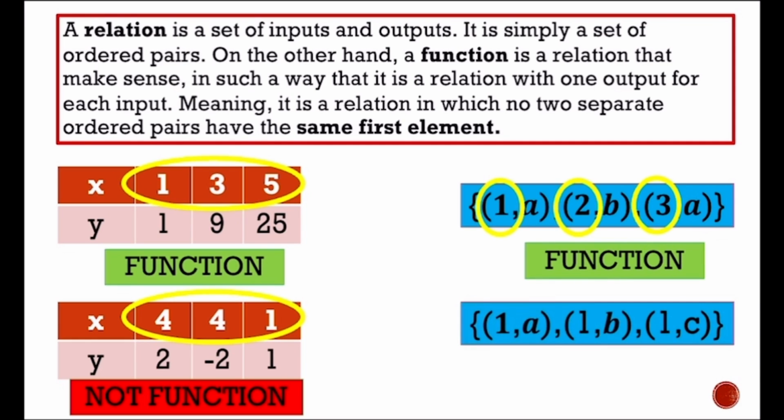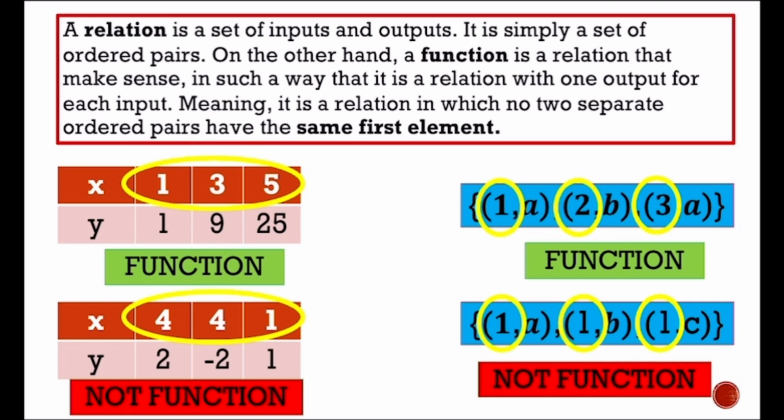For another example, we have 1 and A, 1 and B, and 1 and C. Ang ating mga first element dito ay 1, 1, and 1. So therefore, it is not a function or it is a relation.